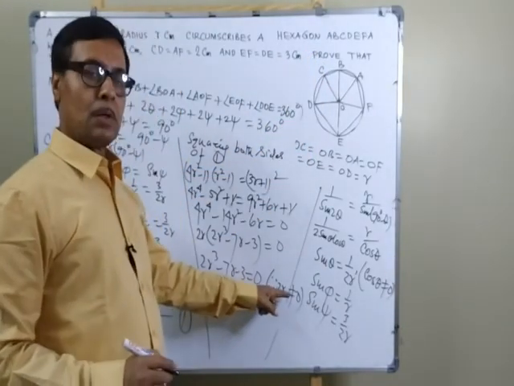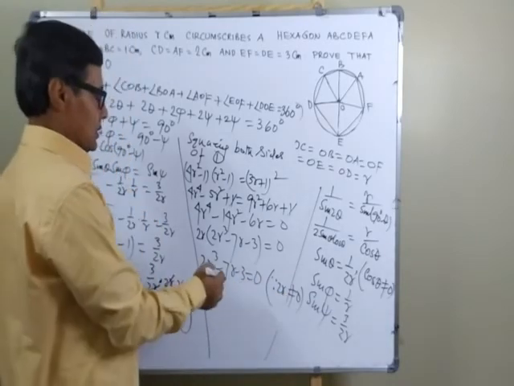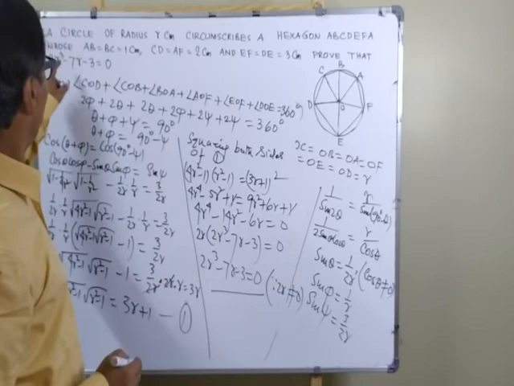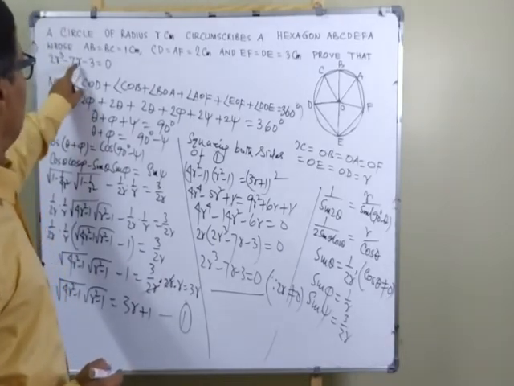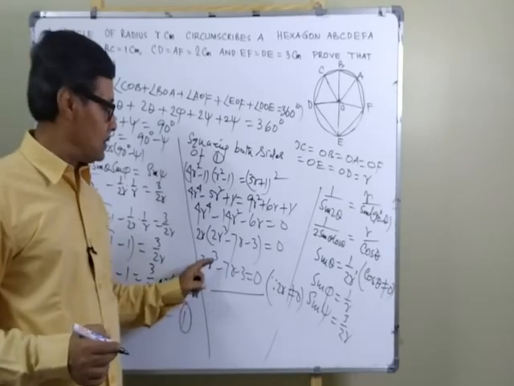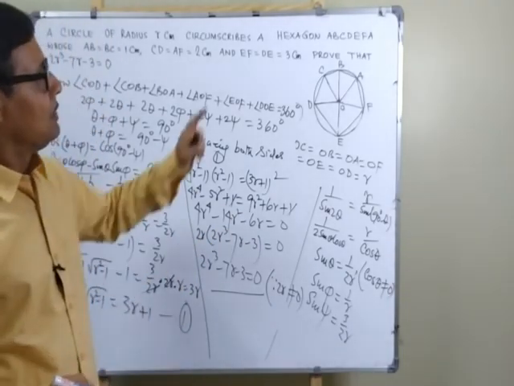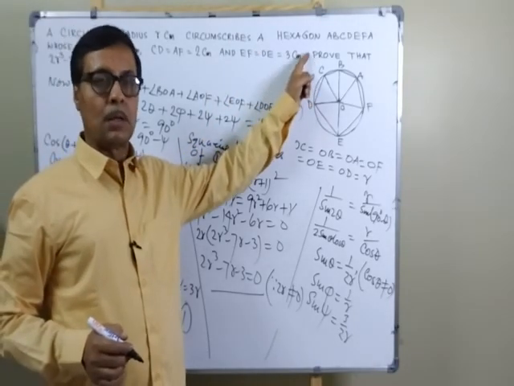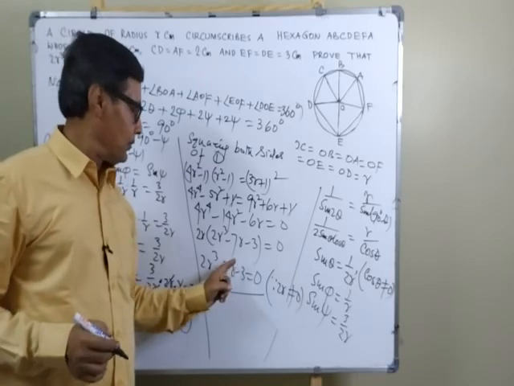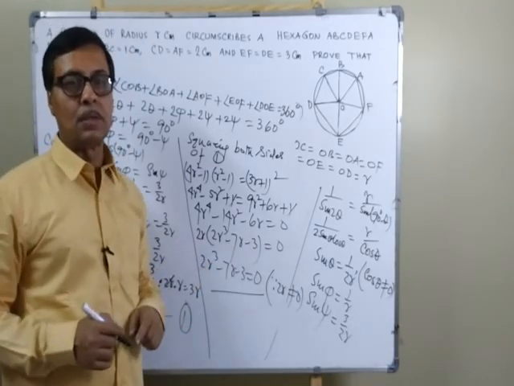This is the result we have to prove: 2r cube minus 7r minus 3 equal to 0. Thus we have proved this result, that is, the radius of this circle satisfies a cubic equation which is 2r cube minus 7r minus 3 equal to 0.